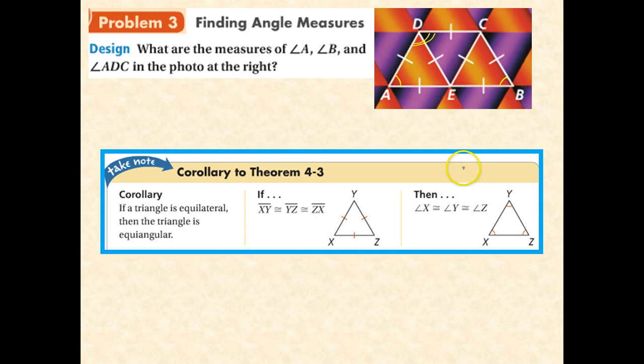Well, let's see. First of all, now I know that every angle in this equilateral triangle is congruent. I also know that every angle in this equilateral triangle is congruent. And I also know that every angle in this equilateral triangle is congruent.